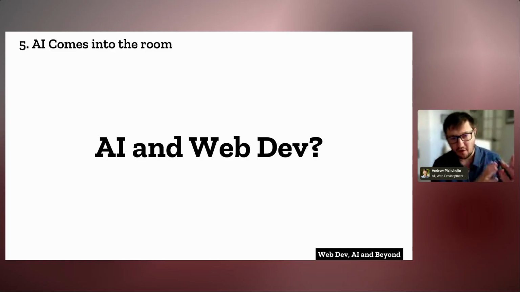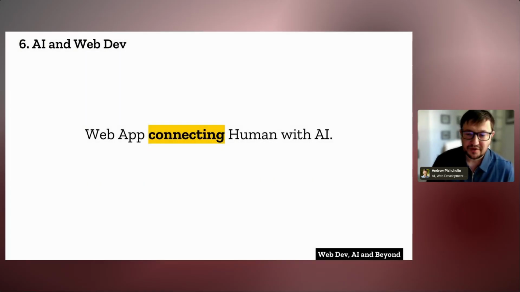Because AI is a whole different industry with lots of cool things. And the answer is that your web application, and web applications in general, connect humans with AI. Because when you have, let's say, an AI model, you have to communicate with that model somehow.